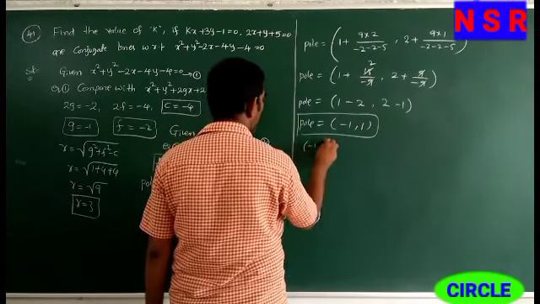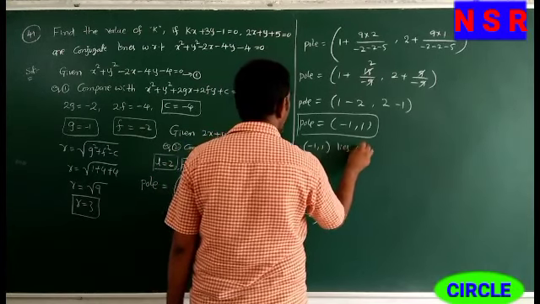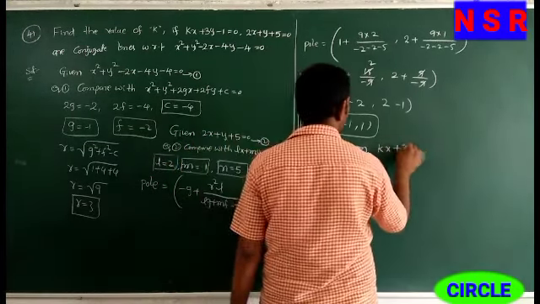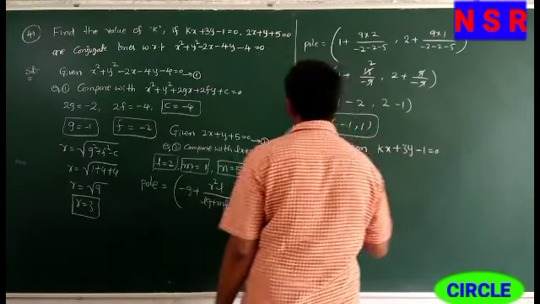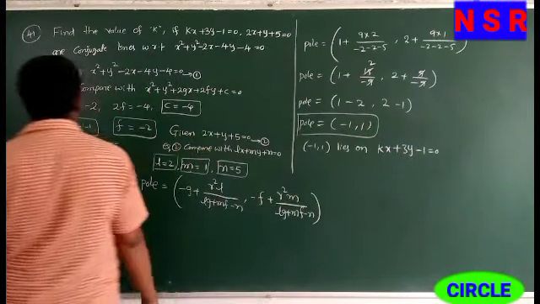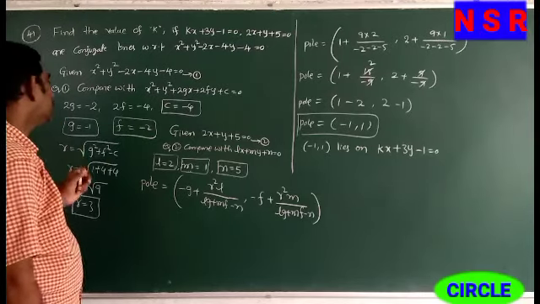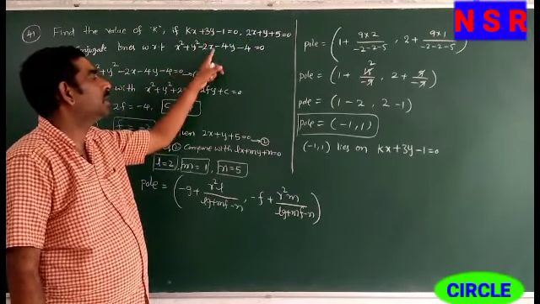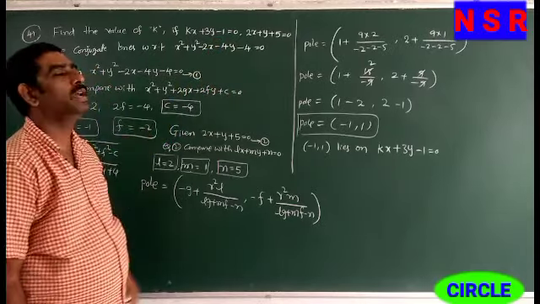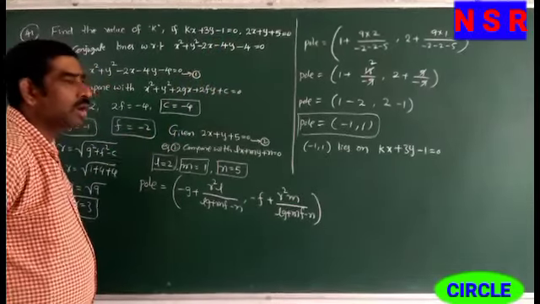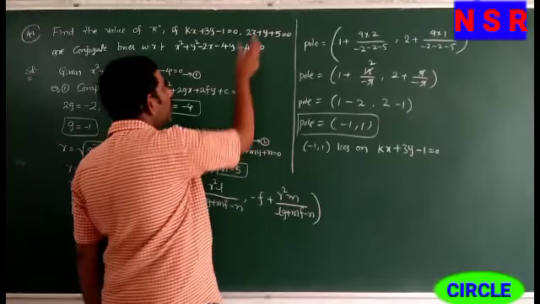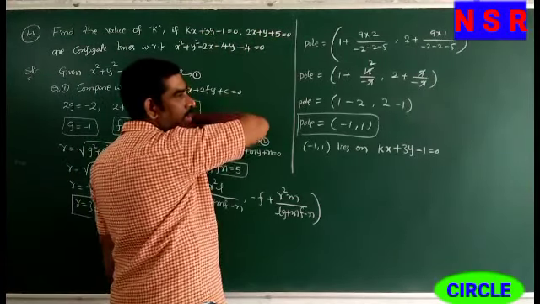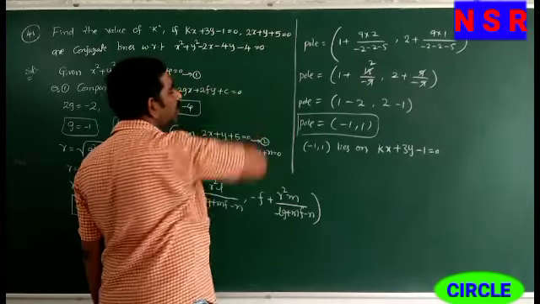So this is the pole. Now minus 1 comma 1 lies on kx plus 3y minus 1 equal to 0. When the given lines are conjugate lines, the pole of the first line with respect to the circle lies on the second line, or the pole of the second line lies on the first line.